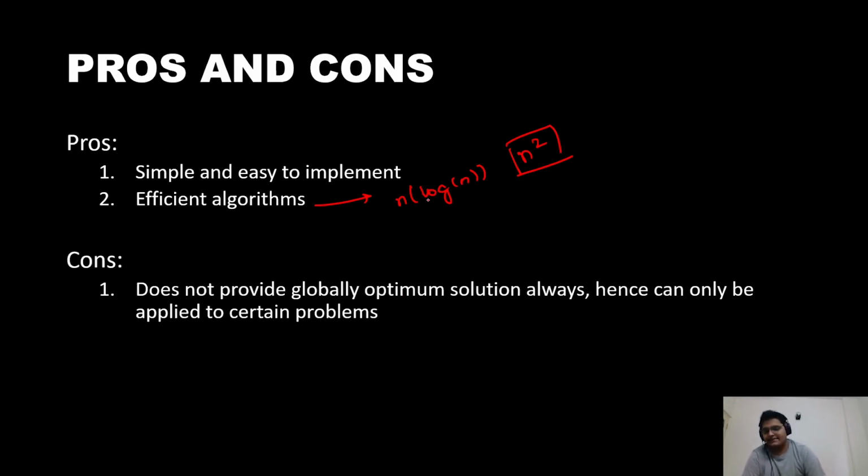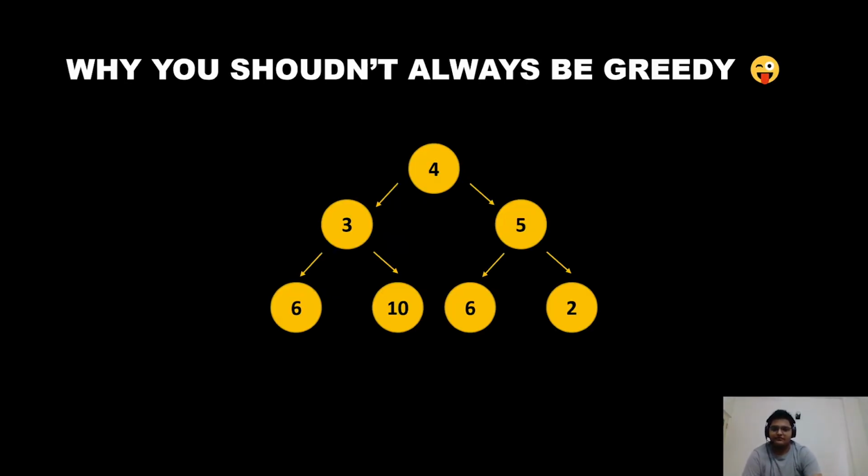Let us look at an example where greedy algorithms fail to provide us with an optimum solution. Let us suppose that there is a tree as shown on the screen. Now we have to find the maximum possible sum by following only one path, and we need to find that path out.